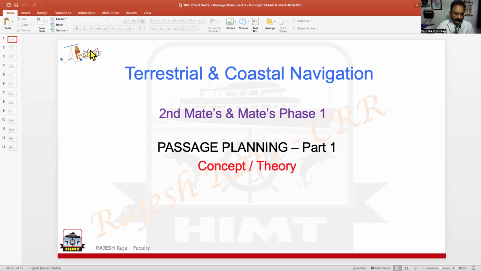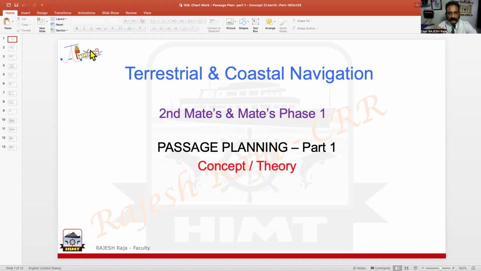The idea is for people attempting MMD exams, where it comes as a 20 marks, sometimes 25 marks theory question also. It comes as one of the questions for mates in the first section itself. One full passage plan question comes, that is a compulsory question.